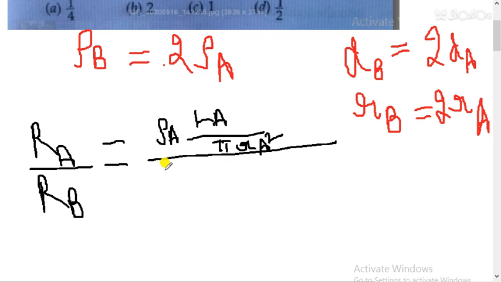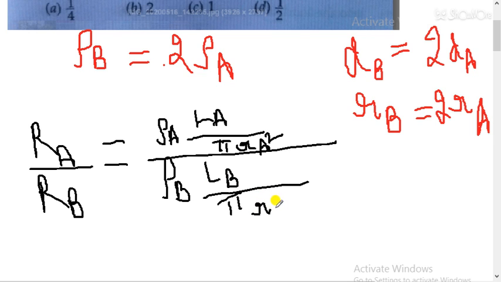In the next term I have rho B and LB, and here I have to write pi RB square. So students, these two are equal, that means we can get 1 here, since both the resistances are the same.